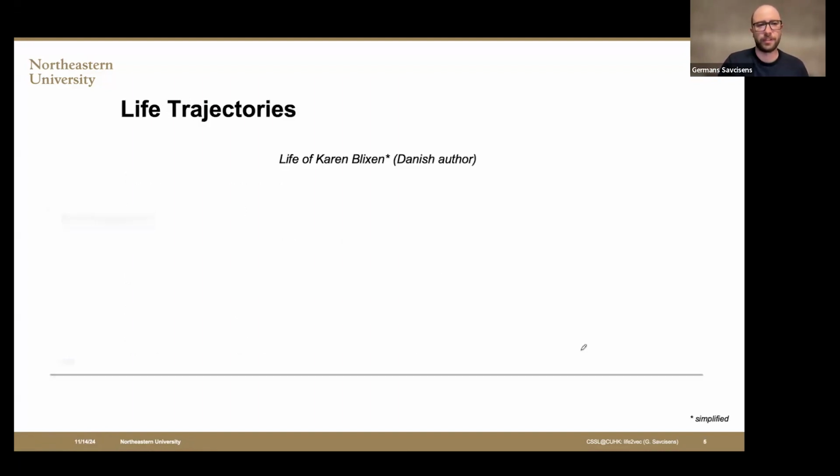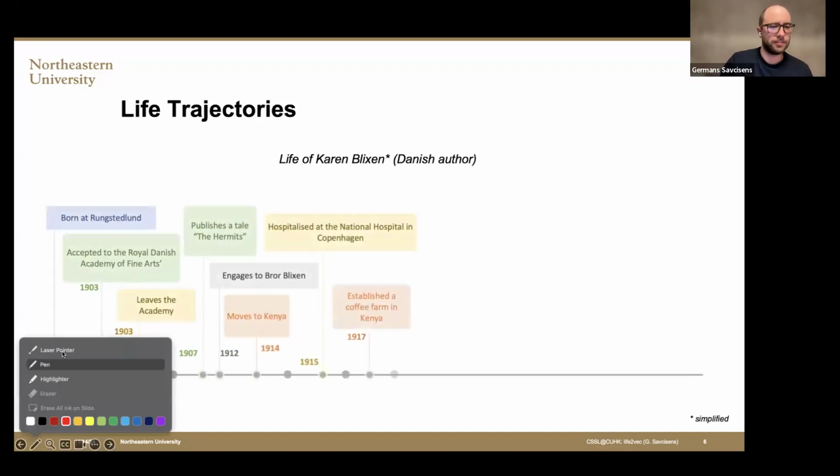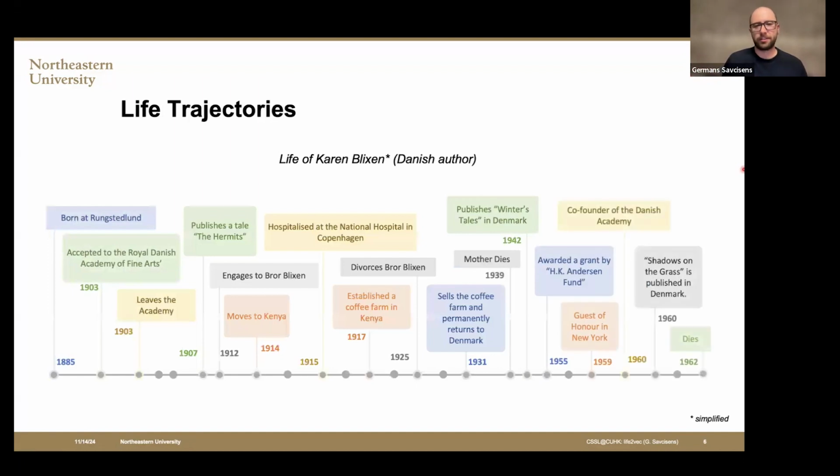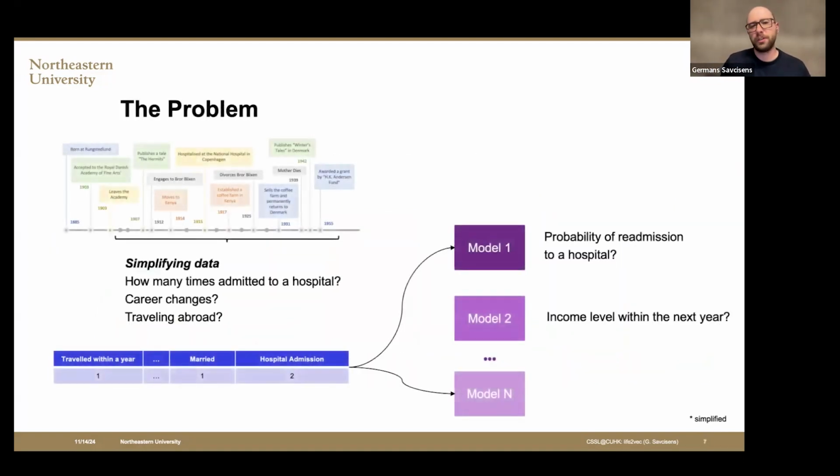our project. The overarching idea for our project was that life is a very complex phenomenon. Events that happen to you today are dependent on your background and the people you surround yourself with. Different events happen with very different frequency and different time ranges between them. All in all, life is a very complex phenomenon to study. So when we as social scientists try to infer something about life or quantify something, we usually simplify this very complex signal by asking some specific questions about the problem at hand.